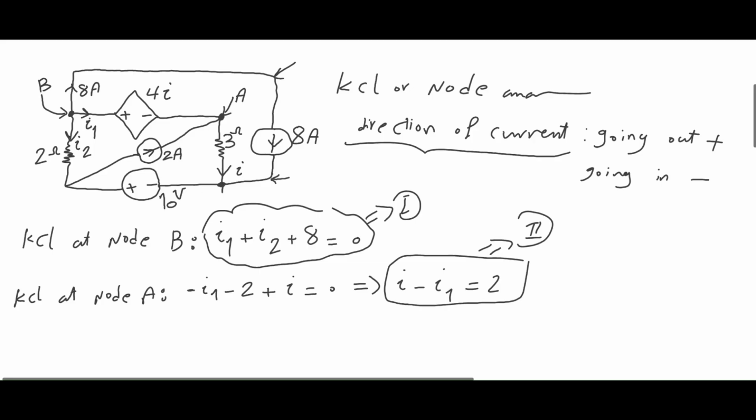If I consider this node as my potential reference, if you guys remember, the potential reference is where the voltage is 0. So I consider this point at the bottom right as the potential reference of my circuit. So the voltage of this point is 0. I have this 10 volt source.